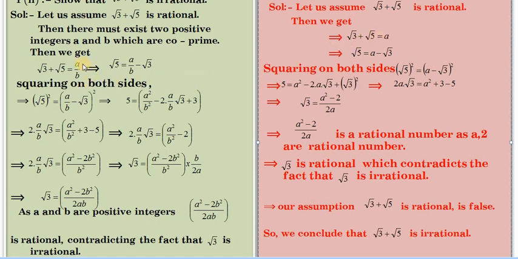But in the textbook, the method that is followed is that rational number means a by b, meaning root 3 plus root 5 is equal to a by b, because the basic statement of a rational number is that the number is in the form of p by q, where q is not equal to 0 and p and q are integers, mutually prime.